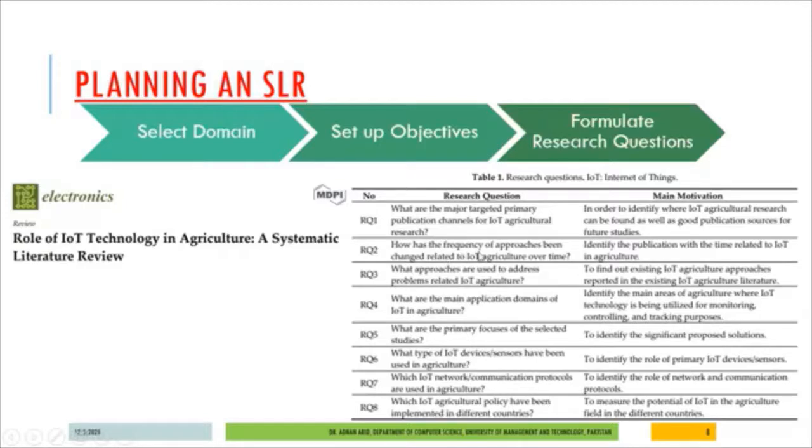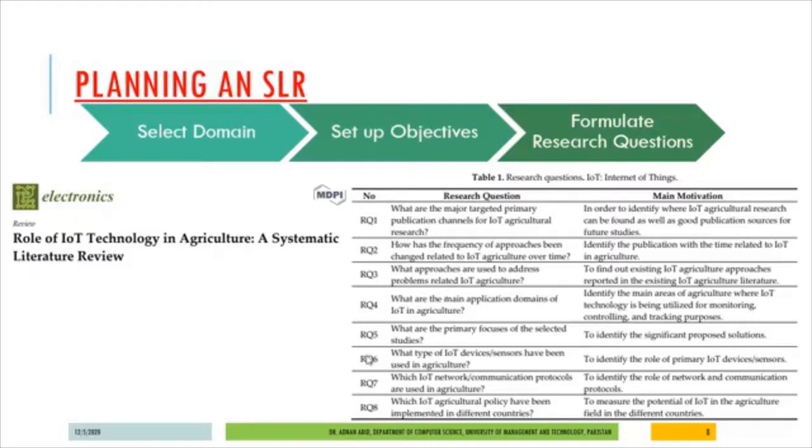How has the frequency of approaches changed related to IoT agriculture over time? So the number of articles which are being produced in this area in good quality research venues is again very important, as we can see that in recent years, the last 5 to 7 years, there is a growing trend in setting up research solutions using IoT in several different domains.